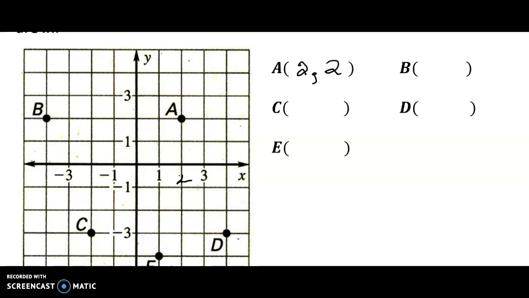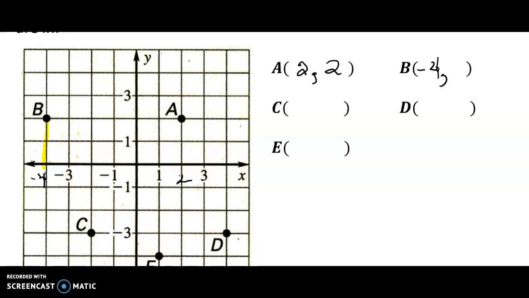Moving on to point B. Again, writing the coordinates, we're going to first look at where B is located. It's located in the second quadrant. And with respect to the x-axis, we see that it is located at -4. So I'm going to write -4 in for the x-coordinate.